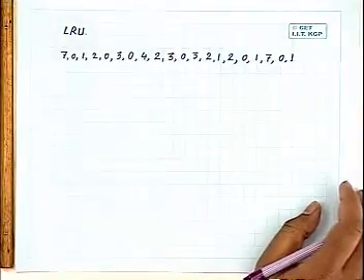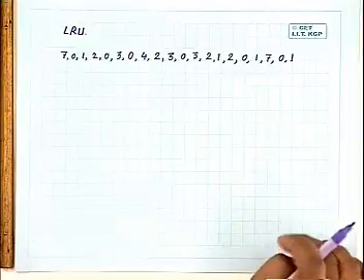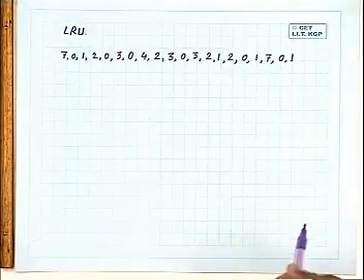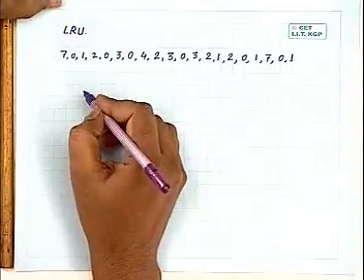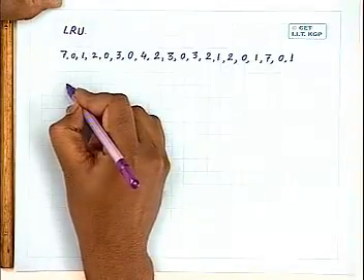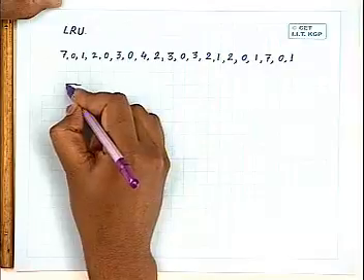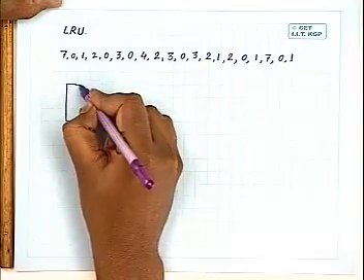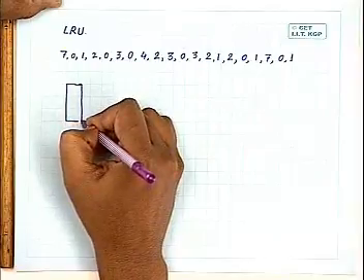So this is the page trace that we are considering for discussing different page replacement techniques. And we also assume that initially in the main memory we have 3 frames which are available for accommodating these different pages.